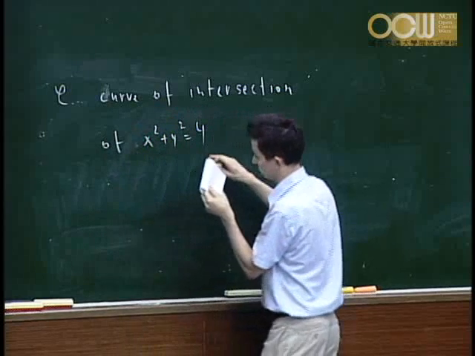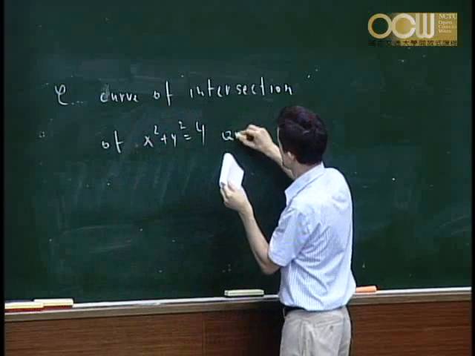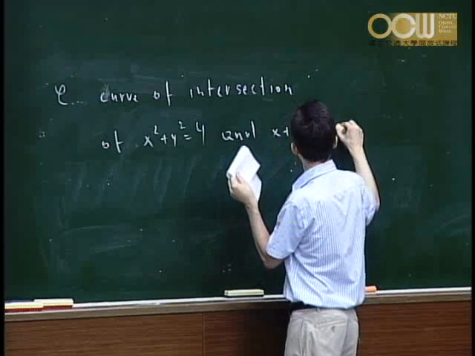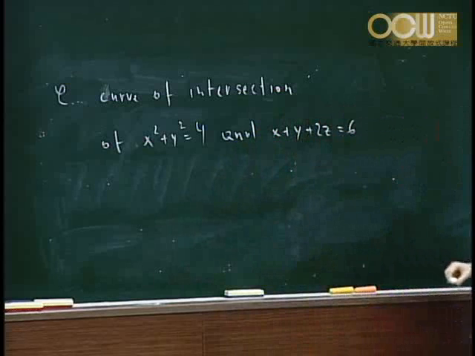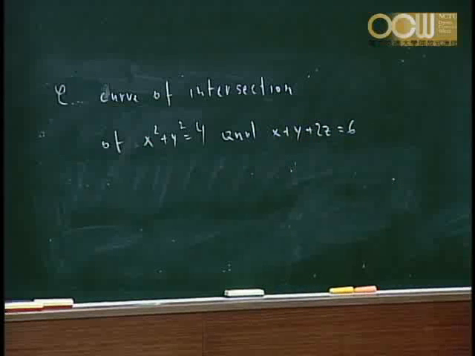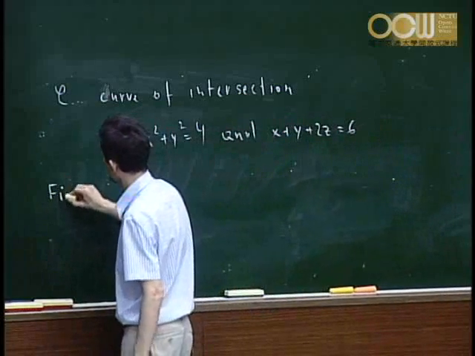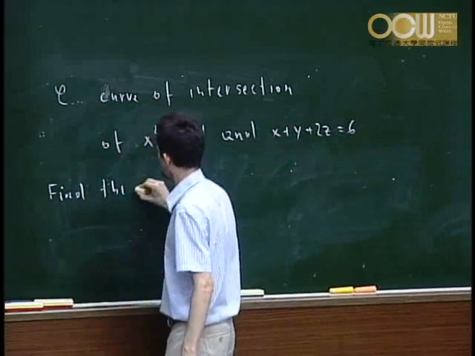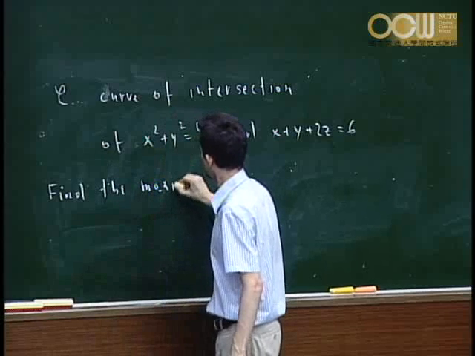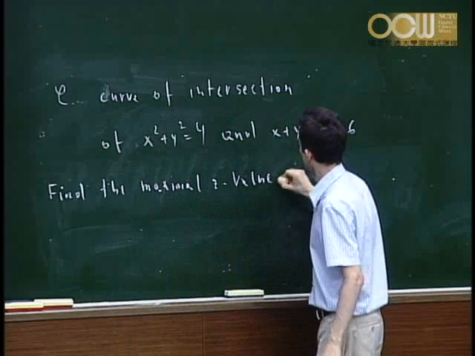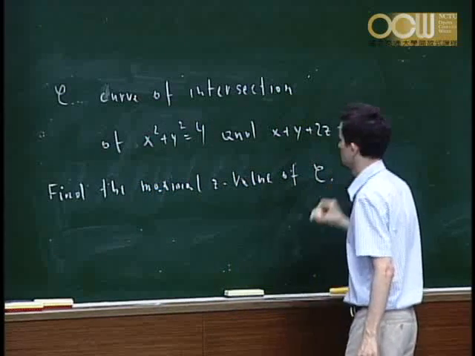But we are in space now, so this is a cylinder, and a plane x plus y plus 2z is equal to 6. Okay, find the maximal set value of C, or on C.